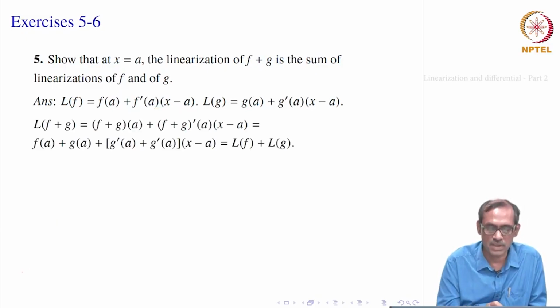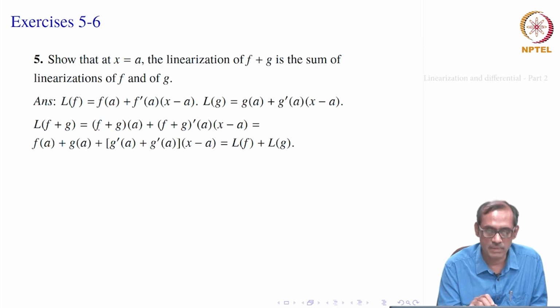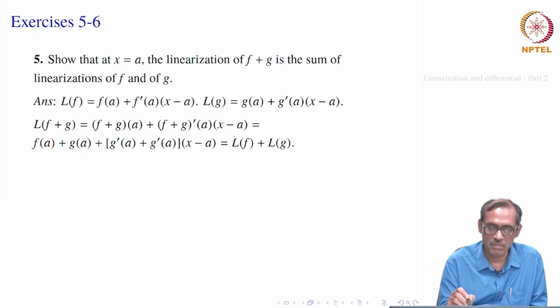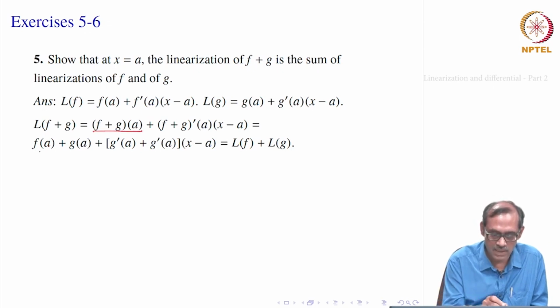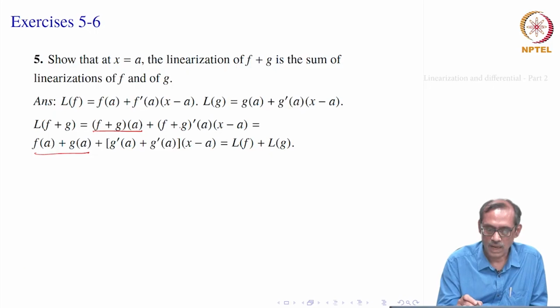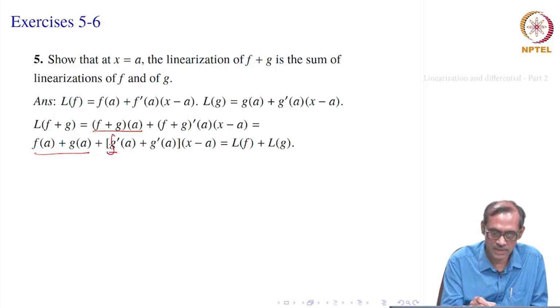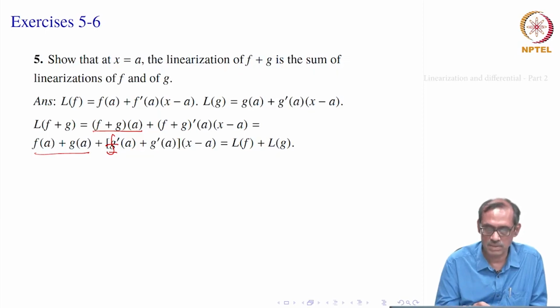And what is L of f plus g? f plus g of a by definition means f of a plus g of a. Similarly, f plus g prime at a equals f prime a plus g prime a, right, multiplied by x minus a, that is the linearization L of f plus g. So, when you expand this, this is f a plus g a, plus f prime at a plus g prime at a into x minus a.